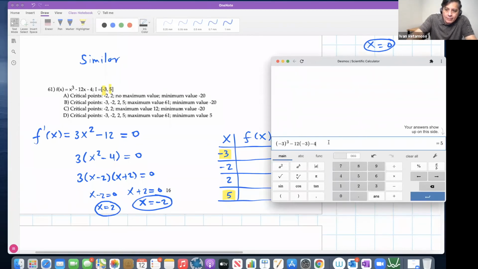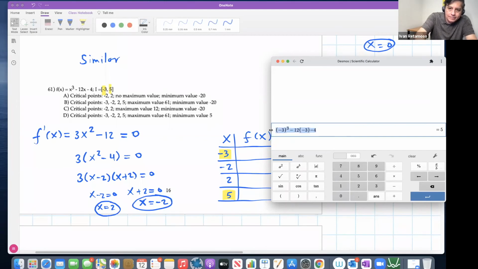Great. Now for the next evaluation, simply copy and paste this, right? Let's try to be efficient here. And substitute this -3 for the next, -2. So basically it's just 2. You got the other output, right? 12. Continue.